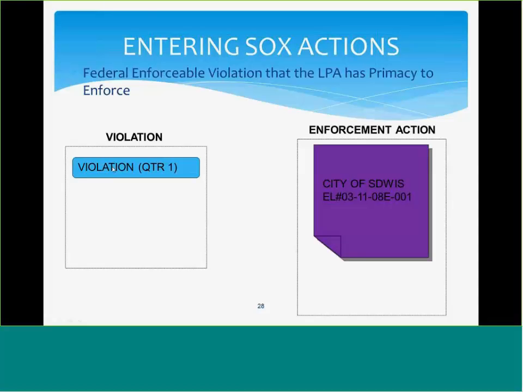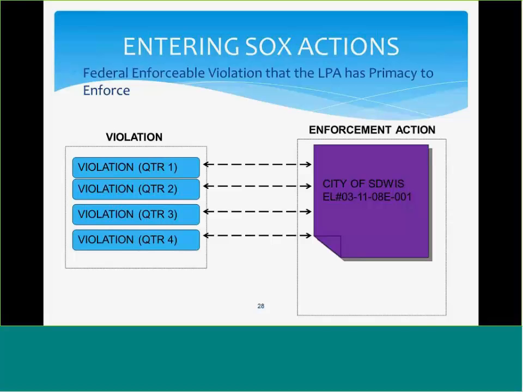So this is an example of a federal enforceable violation that the LPA has primacy to enforce. So you have a violation for quarter 1, then you would enter the enforcement action. You would associate that enforcement action back to the violation, and then once that water system returns to compliance, this is an example for all four, where all four quarters they were out of compliance and they had a violation.